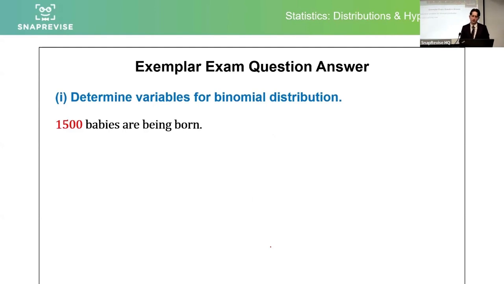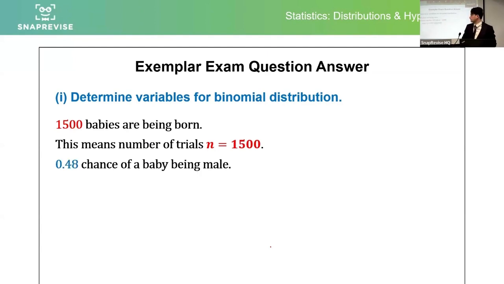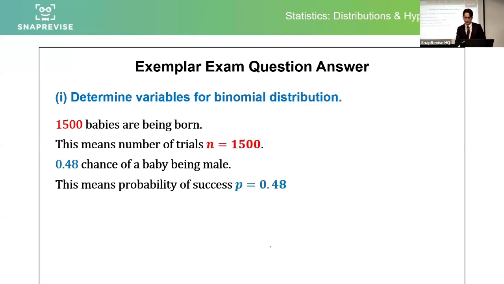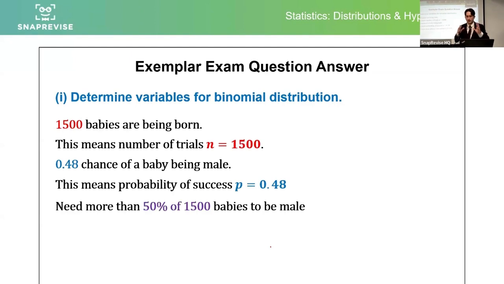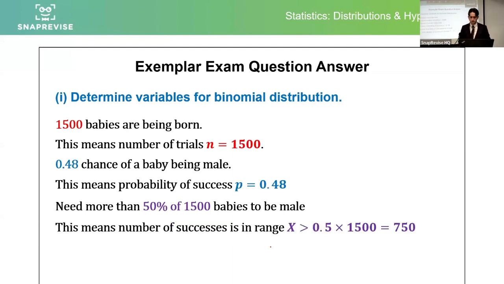So 1,500 babies are being born. So n is 1,500. The probability of it successfully being a male baby that we're looking for is 0.48, so 48% of the time. And we need more than 50% of the 1,500. This is confusing, so we need to be careful we work out the actual amount.